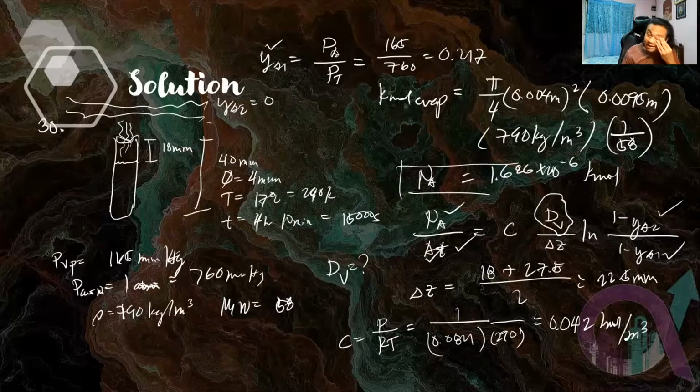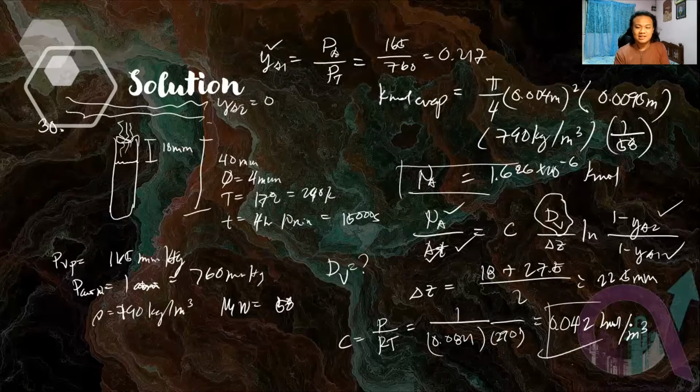If you are wondering how I got that, just resolve it again. The units of 0.0821 can be liter atm per Kelvin mole, or kilomole atm per Kelvin per cubic meter, atm over Kelvin kmole.